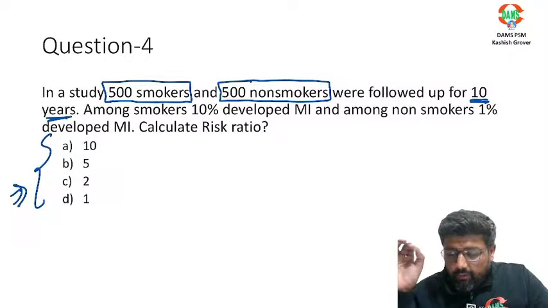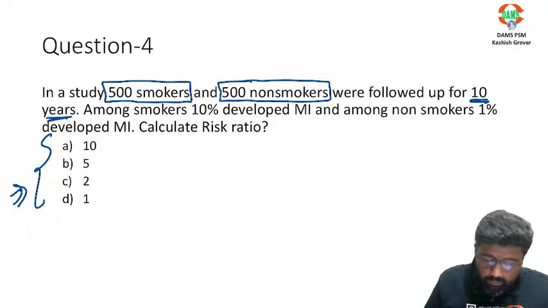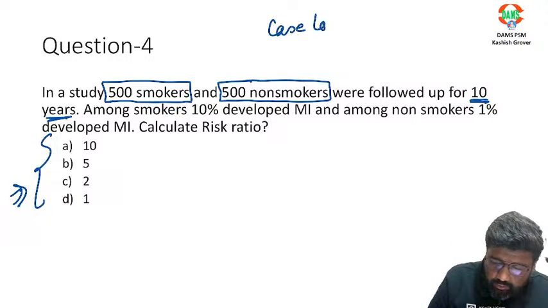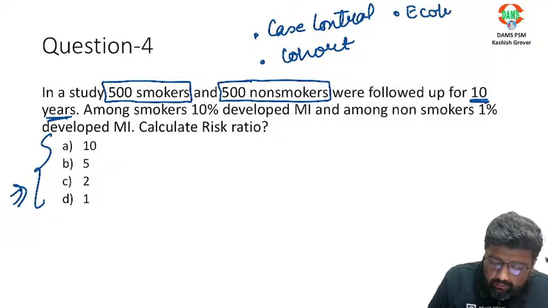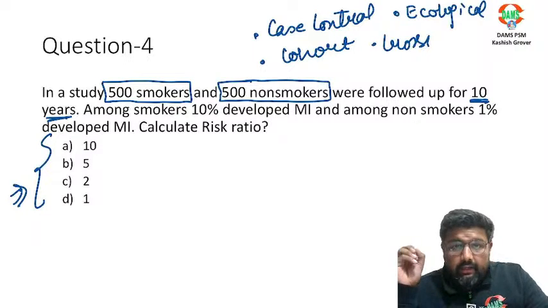But first of all, I want you to write in the chat box which study is this. Okay, options: case control, cohort, ecological, cross-sectional. Very good beta, very good, superb. Sahil, Rajshri, Anvesha, Anand, very good beta.